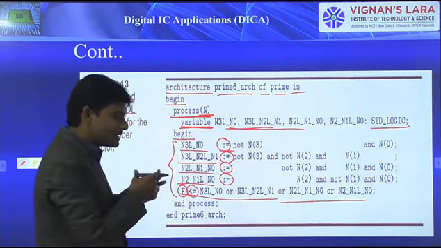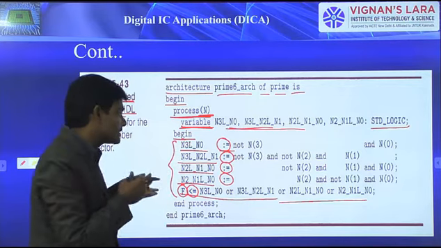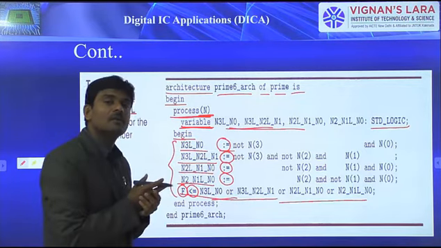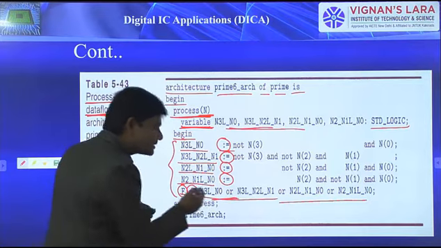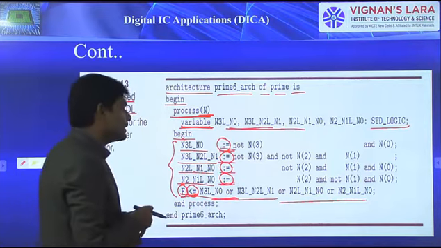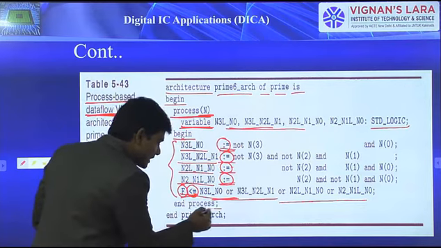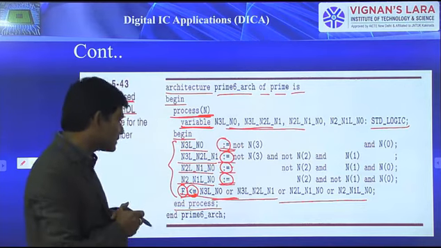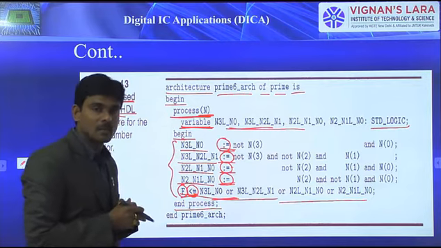If you look at the previous syntax we studied under sequential statements, these four are variable assignment statements, and the last one is a sequential signal assignment statement. This is how to describe the body of that particular process.